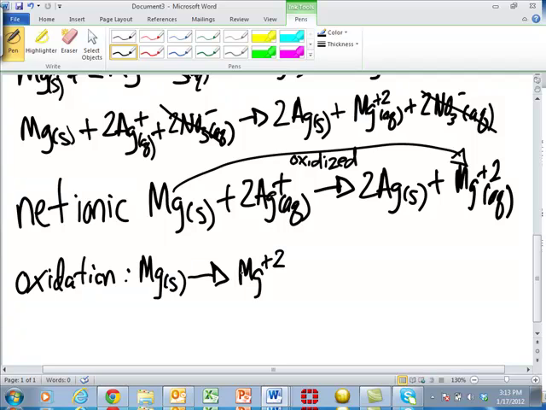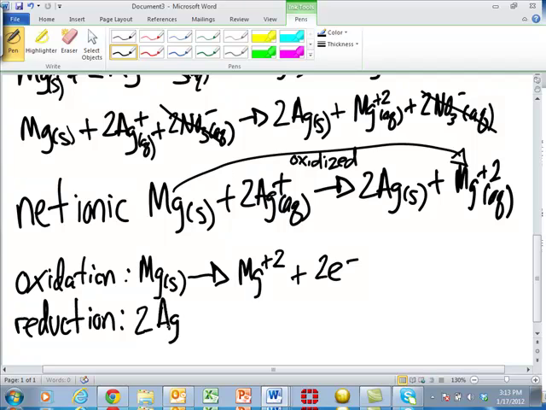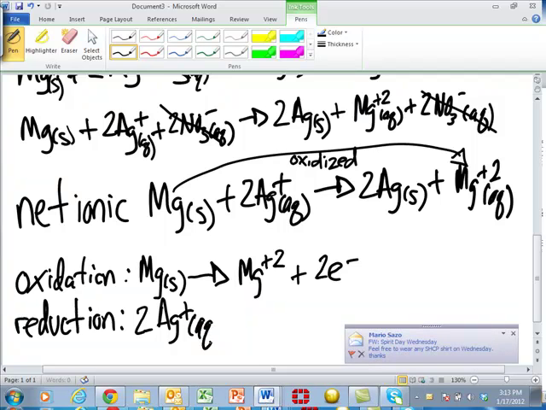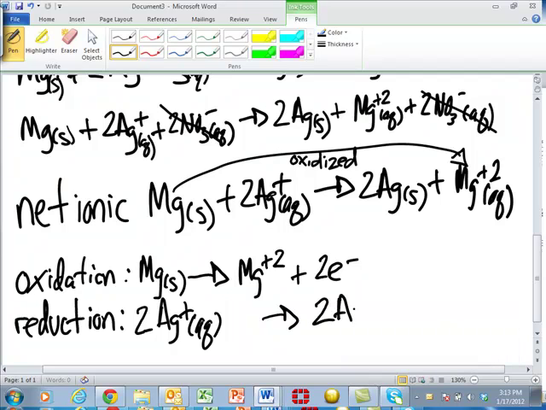What did it have to get rid of to become a +2? 2 electrons. Now our reduction half reaction, we start with 2 silvers, right? In order to become 2 neutral silver atoms, 2 electrons. Okay.